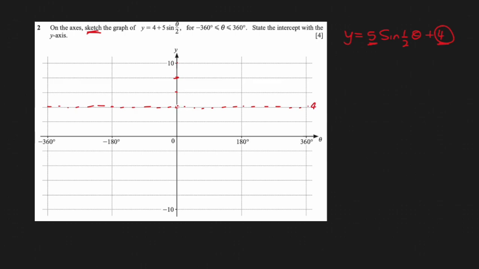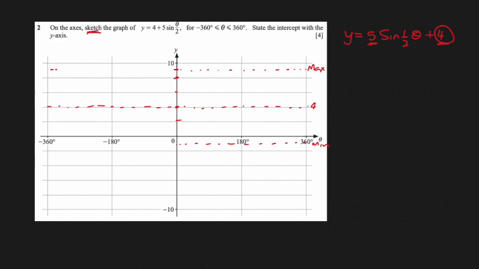That means the maximum height of this graph will be 5 above the axis, which is 4 plus 5, 9. So this becomes our maximum. Let's just draw a guiding line. And 5 below this will be the minimum. So 4 minus 5. This will be the minimum.